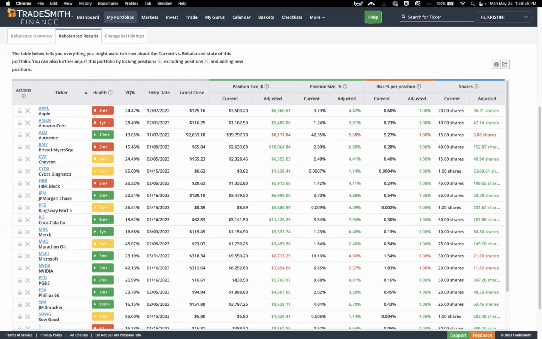That's a good question, Sandra. She asked, do we round the shares to whole numbers up or down from adjusted share amounts? Yes. So the tool does show fractional shares, unfortunately. You can either round up or round down. It's based on your preference.